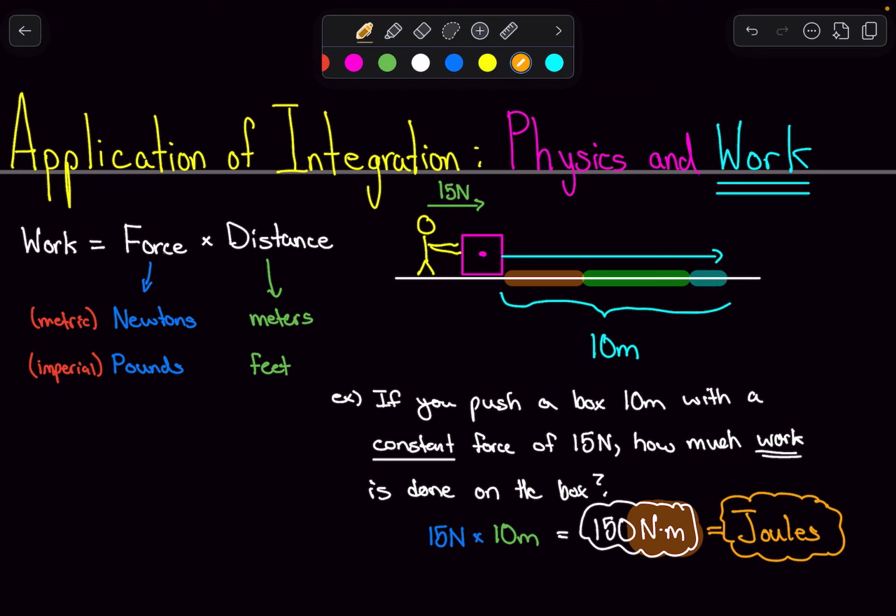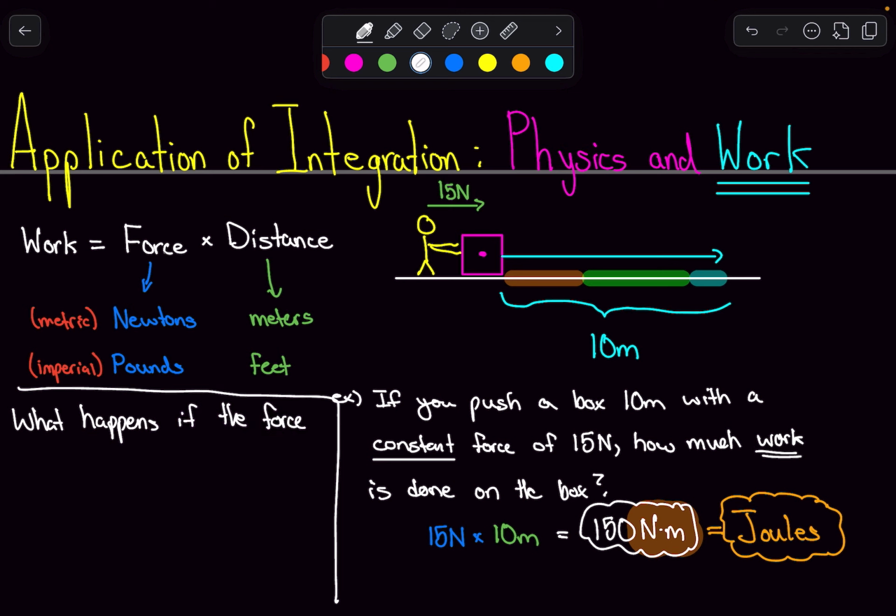And so the next question that we have to answer is, what happens if the force being applied varies at each point.